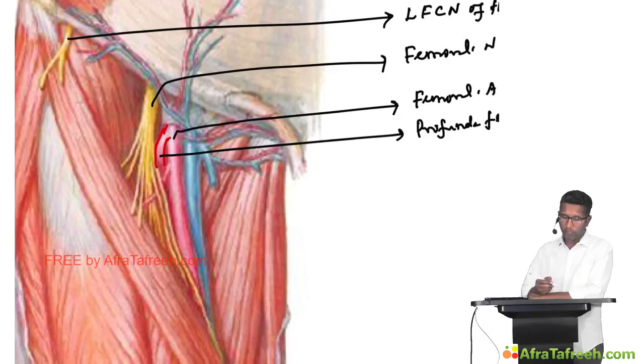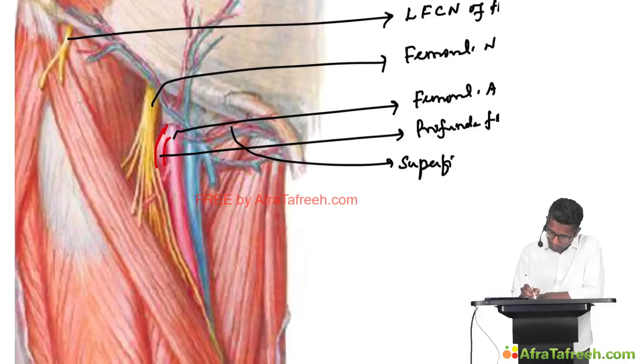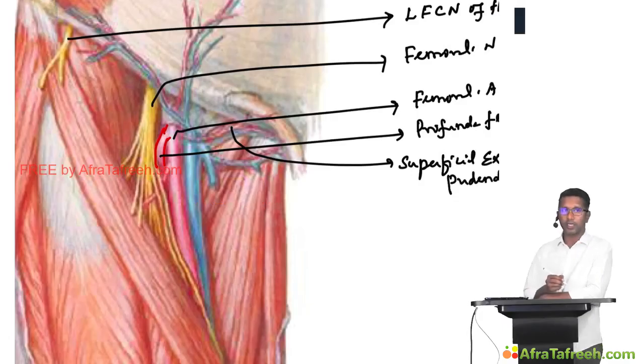From the femoral artery you get 3 superficial branches which are seen here. The one superficial branch you see here is called the superficial external pudendal artery. It goes to the genital regions.